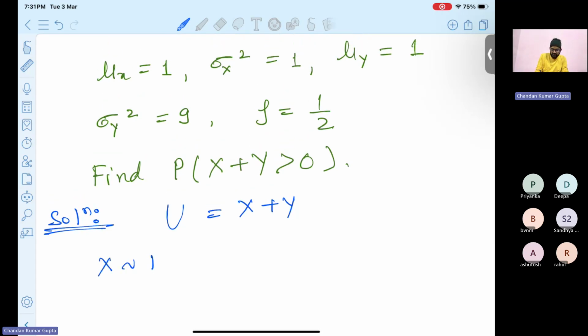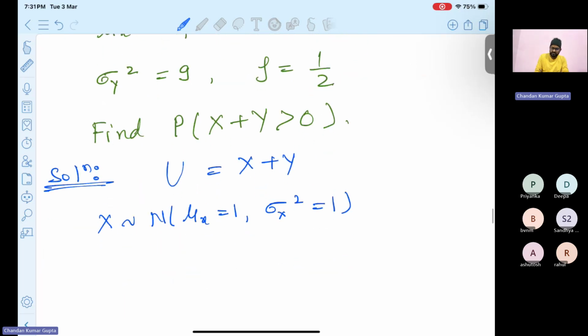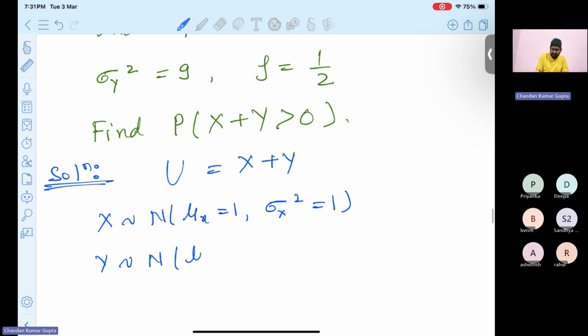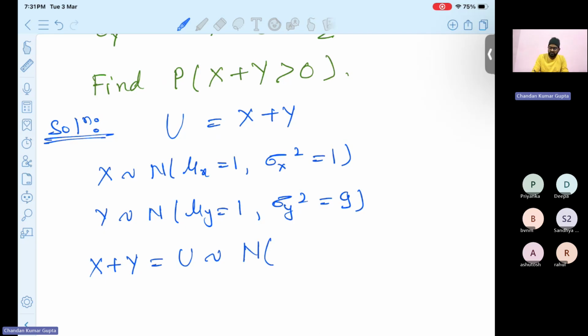Since x follows normal with mu x equal to 1, sigma x square equal to 1, and y follows normal with mu y equal to 1, sigma y square equal to 9, obviously x plus y equal to u follows again a normal distribution with mu x plus mu y, which is 2, and sigma x square plus sigma y square, which comes out to be 10.